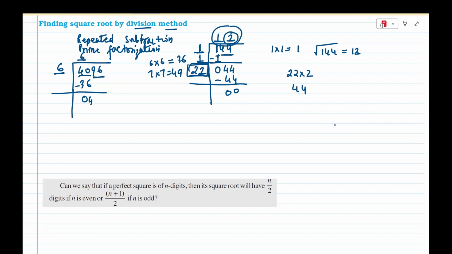Next step is take the next pair, that is 96, correct? One more step, I need to take this 6 and add it here. So 6 and 6, 12. Now the next step is take a number here and here.